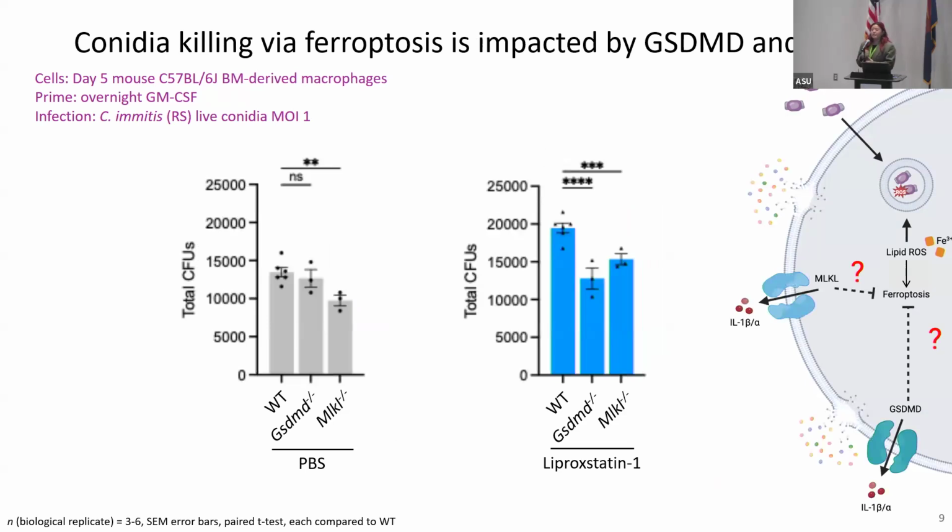And then to further investigate the inflammasome surrounding ferroptosis, we found that the gasdermin D and MLKL deficient macrophages had a lower fungal burden than the wild type here. That was also the same situation in the liproxstatin 1 treated cells.